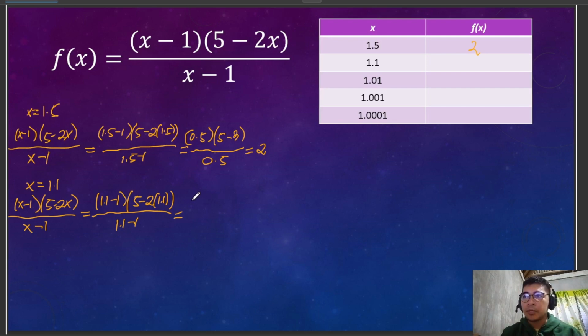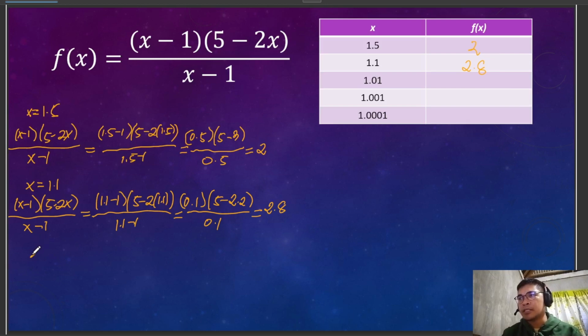That is 0.1. And 2 times 1.1 is 2.2, all over, again, 0.1. So now what is the answer? 5 minus 2.2, the answer is 2.8.